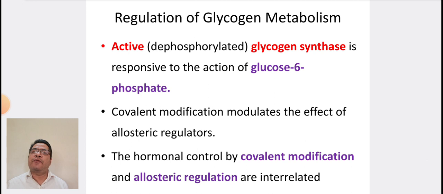Active, that is dephosphorylated, glycogen synthase is responsive to the action of glucose 6-phosphate. Covalent modification modulates the effect of allosteric regulators. The hormonal control of covalent modification and allosteric regulation are interrelated.